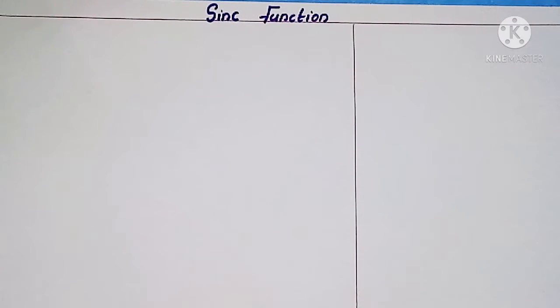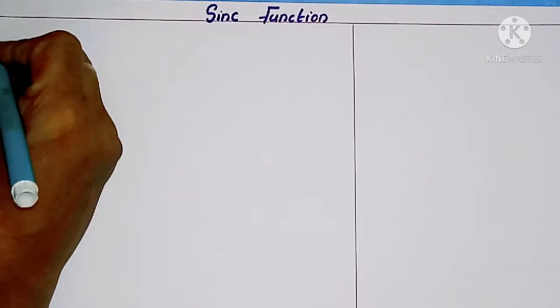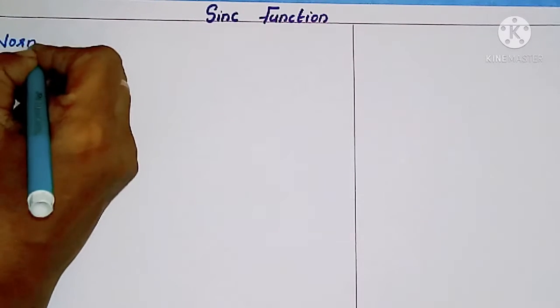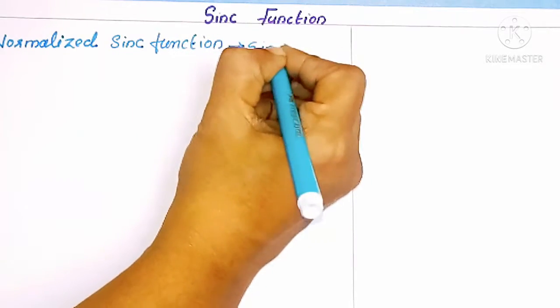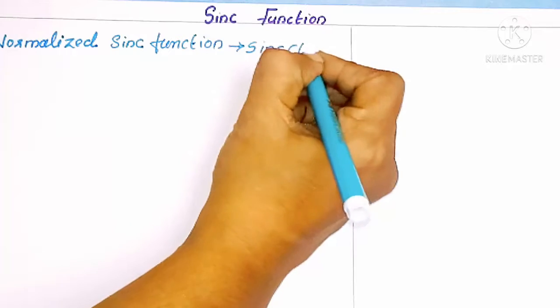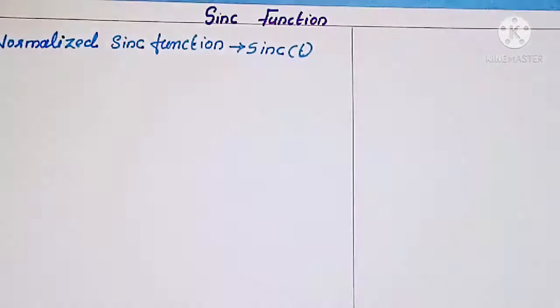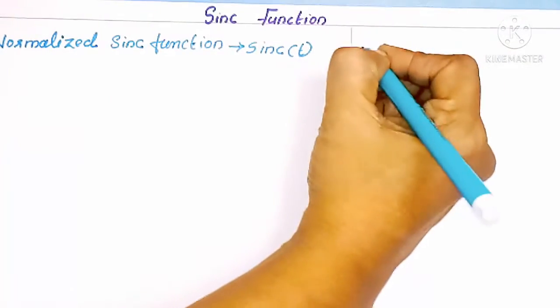Today we are going to discuss the sinc function. There are two types of sinc function. First one is the normalized sinc function. It is denoted by sinc of t. Second one is the unnormalized sinc function.